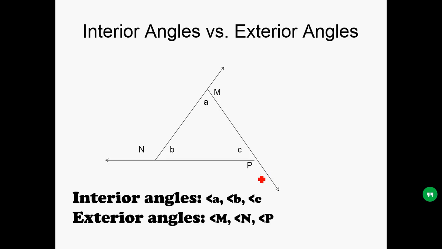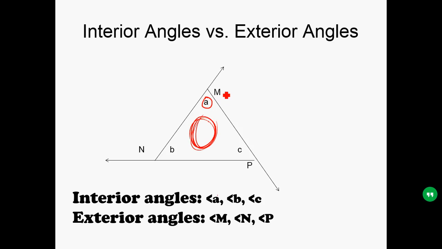Now, interior angles versus exterior angles. We're going through a lot of vocab here. The interior angles are going to be A, B, and C. They're the ones on the inside of your triangle. If I take my line segments and extend them outward, taking a look at angle A, it has another angle that makes it 180 degrees.